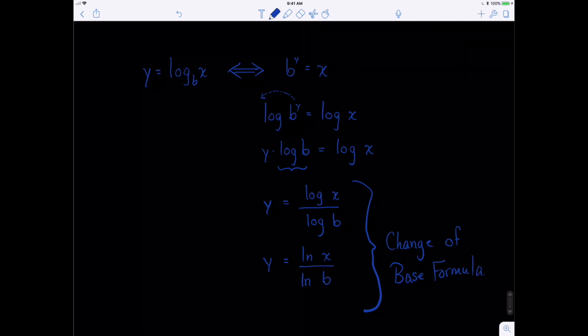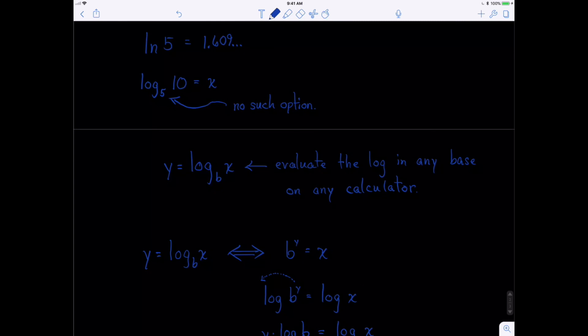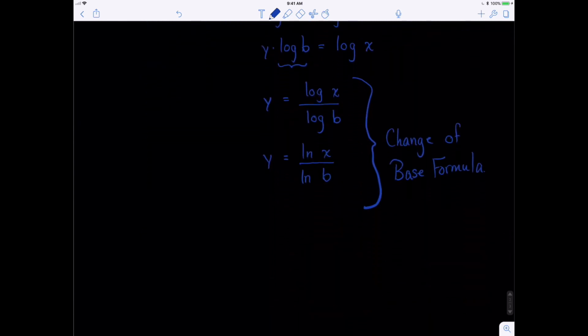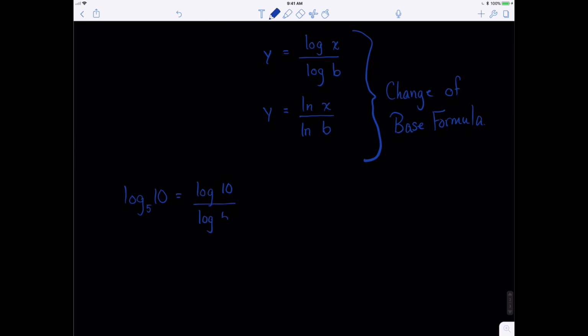Now, let's remember where we started. Our motivation was we wanted to take the log in base 5 of 10. So let's return and see how this works. We're going to use our change of base formula. If we have the log in base 5 of 10, according to what I've just written here, I can do this by taking the log of 10 and dividing it by the log of the base, which is 5.